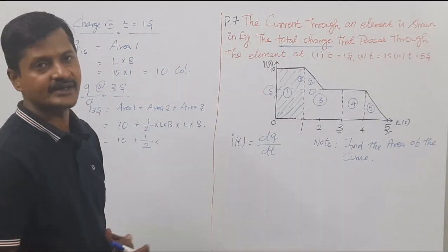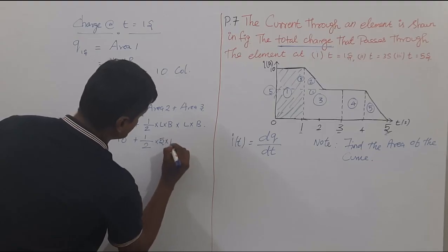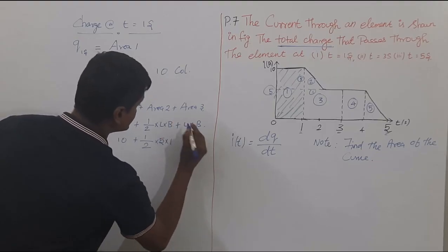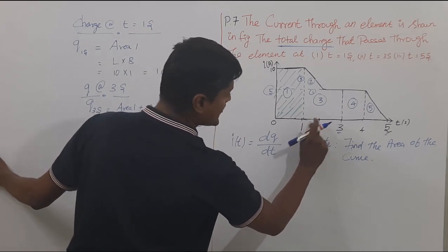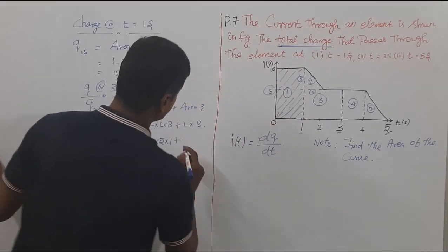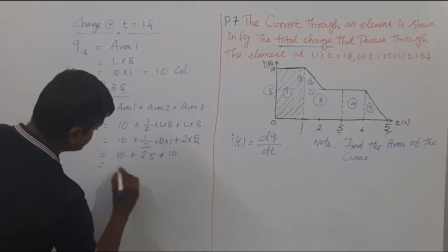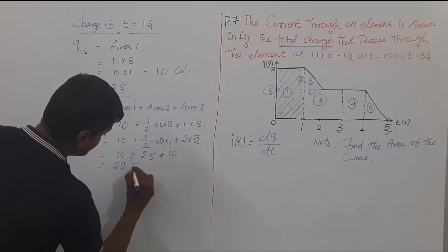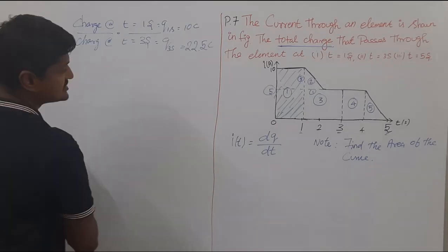We can get the answer by multiplying. So half into 5 into 1 plus area number 3. So this is 1, this is 2. So 2 with height 0 to 5. So 2 into 5. Totally that is equal to 22.5 coulombs, the charge at t equal to 3 seconds.